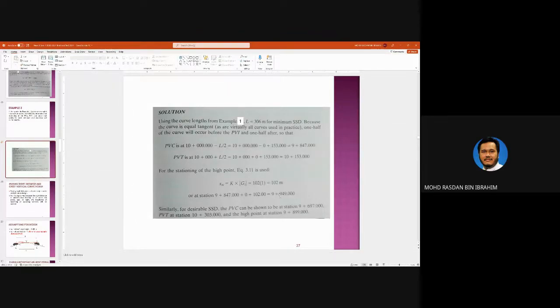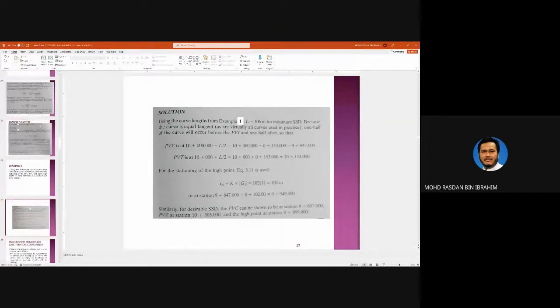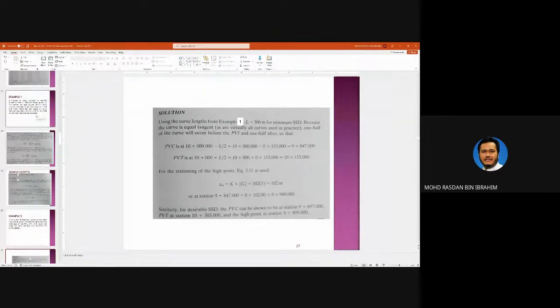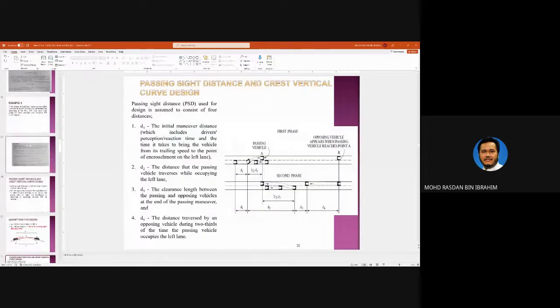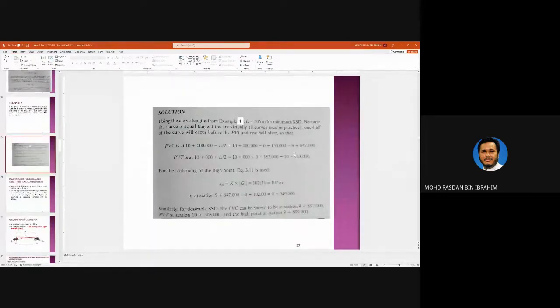So that is the high point or low point. Then the crest curve. So you get the station is 9 plus 949 meters.